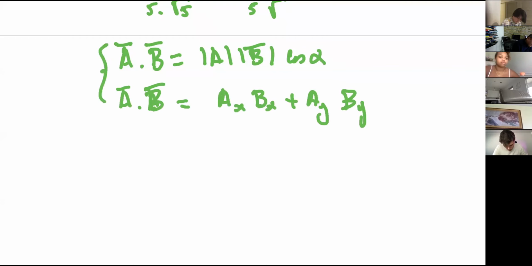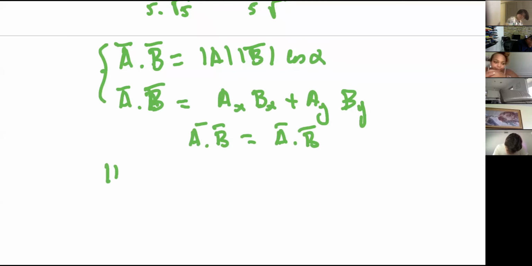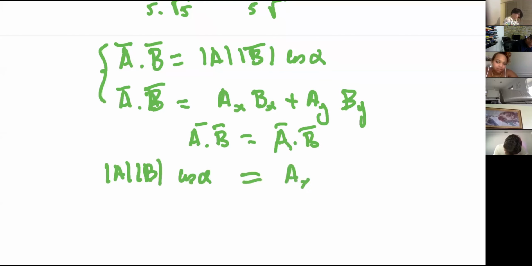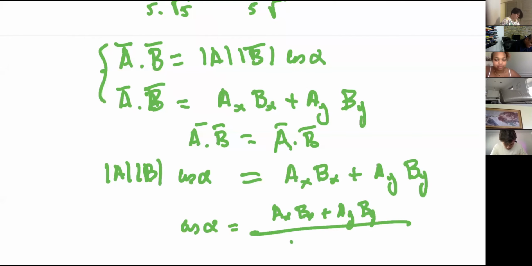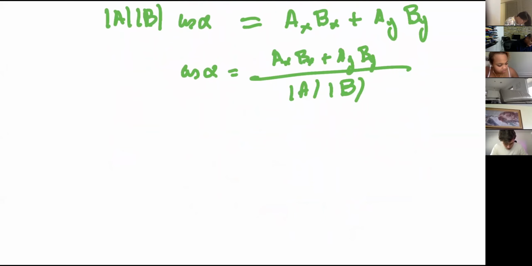Because A scalar B is equal to A scalar B, something obvious. For one side, I put magnitude of A by magnitude of B by cosine of alpha, equal A scalar B, but A scalar B is also AX BX plus AY BY. So the equation I'm using is that cosine of alpha is AX BX plus AY BY divided by the magnitude of A by the magnitude of B. Understood? Understood. Thank you.